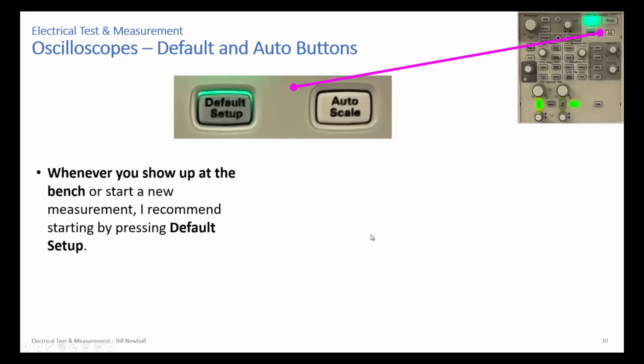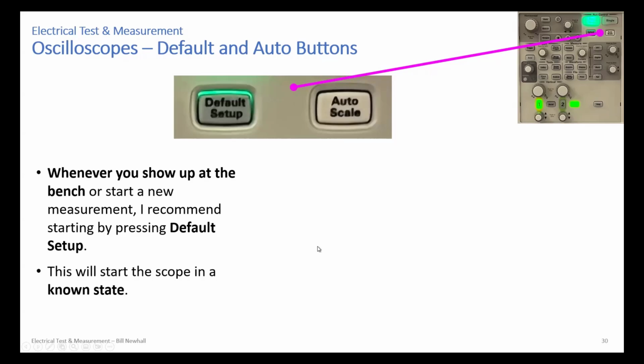So I recommend this whenever you show up at the bench in our lab, and I do this on my equipment back here. I recommend pressing the default setup or the preset button, because this will start the scope or whatever instrument in a known state.